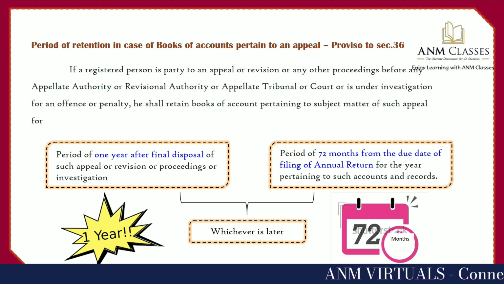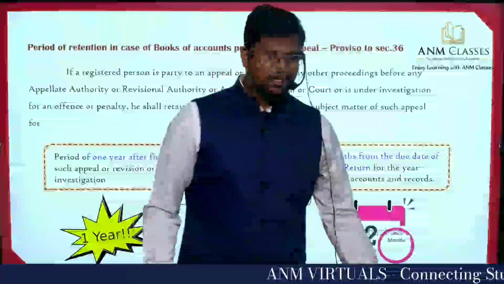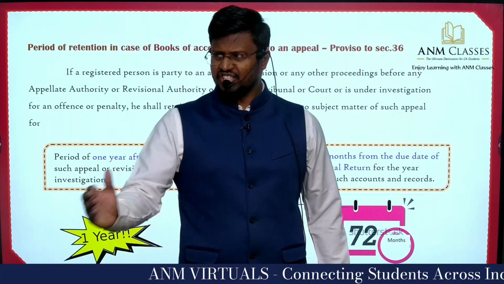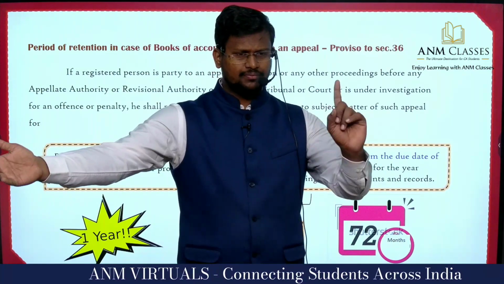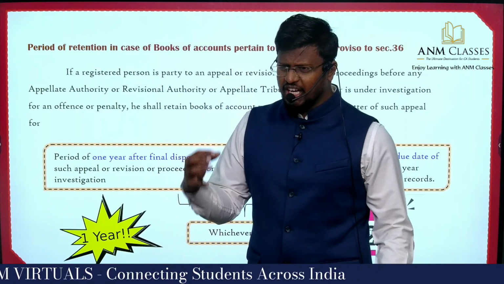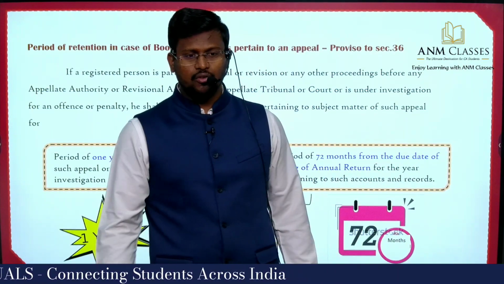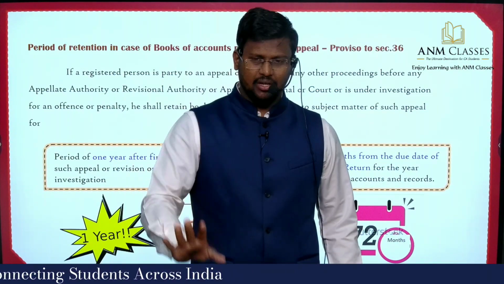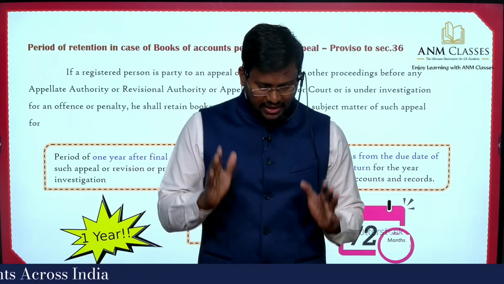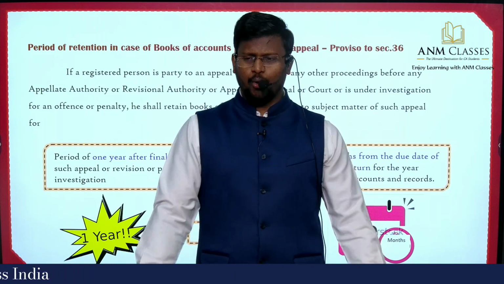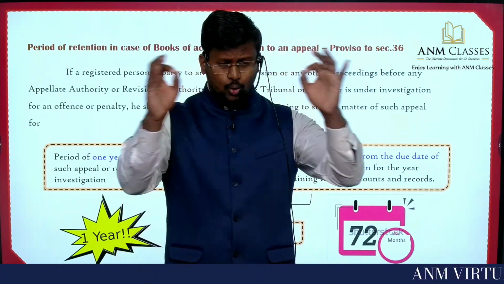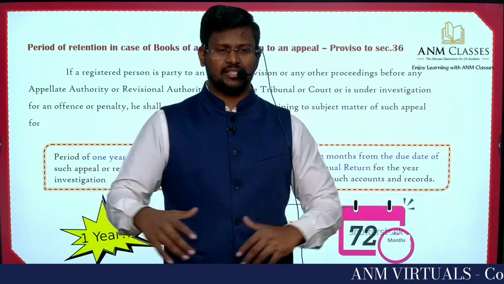So the general time period is 72 months from the due date of furnishing the annual return under section 44, or 1 year after the final disposal of the appeal or revision, whichever is later. The retention is classified into the general case and the appeal case.